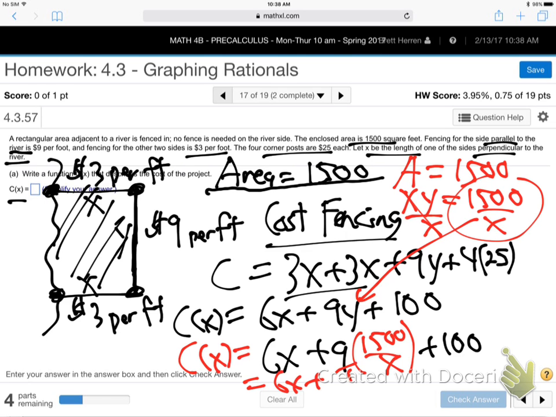This is 9 over 1, so what's 9 times 1,500? 13,500 over X plus 100. That's what you would type in for part 1. And then part 2, they'd have you type it in your graphing calculator and graph it. I think the rest will be easy. I better get on to the other word problems. Questions on that one?